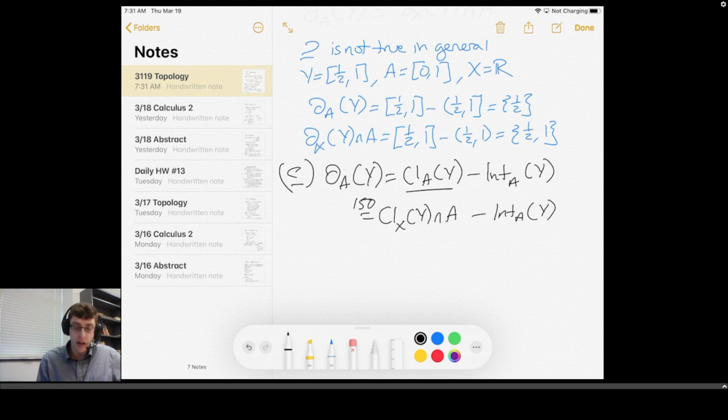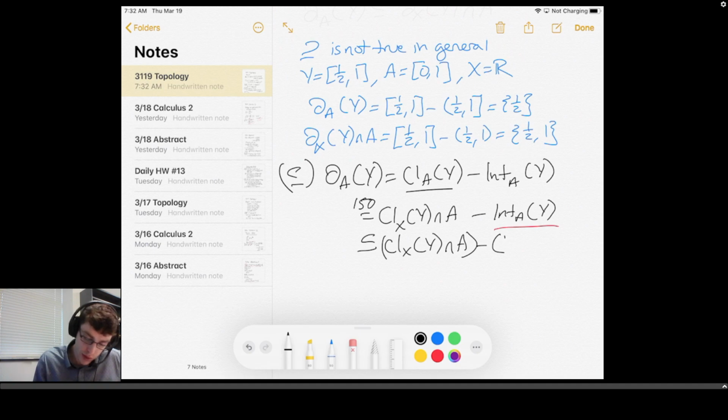And then if I substitute in for this guy with the interior, right? That is where I suddenly do not have equality anymore. I get subset because this guy could be bigger, right? And so this becomes subset now, potentially. And I'll just put parentheses around this. So this is interior of Y in X intersect A.